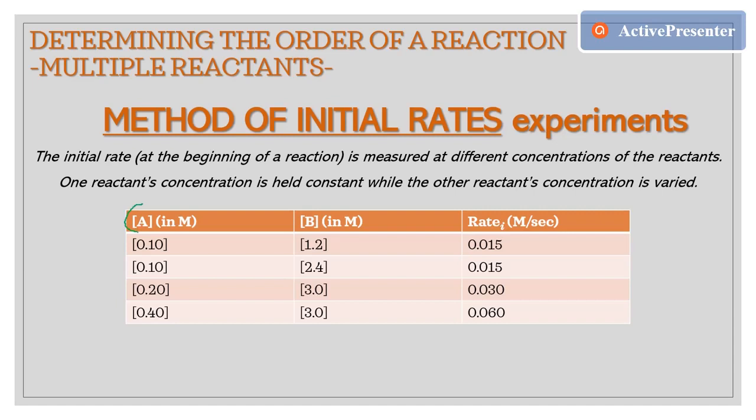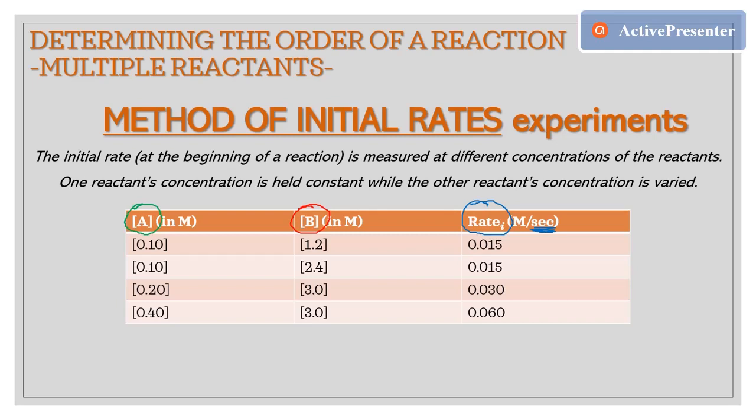Here is the concentration of A in this column. Here is the concentration of B in this column. And here is the initial rate time in this column, and this is in seconds, by the way. So let's look at A first.